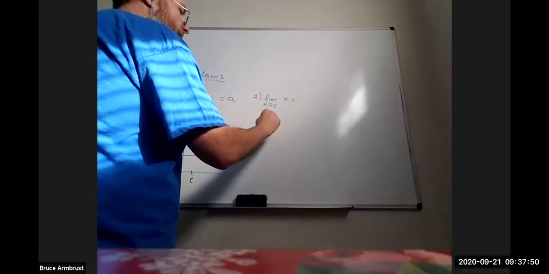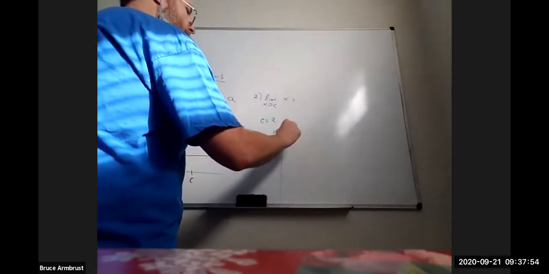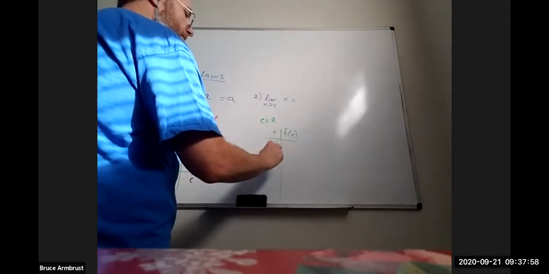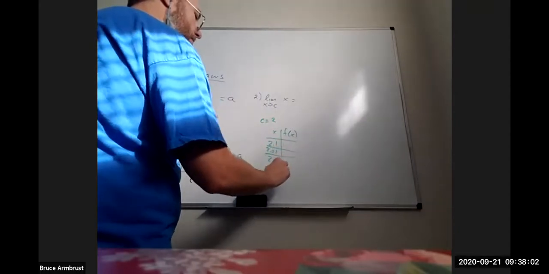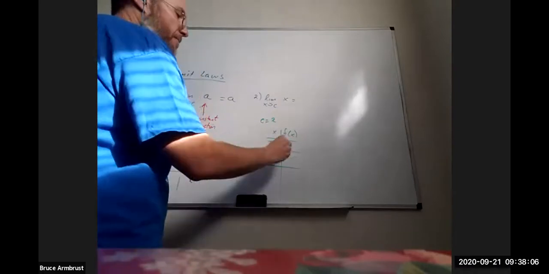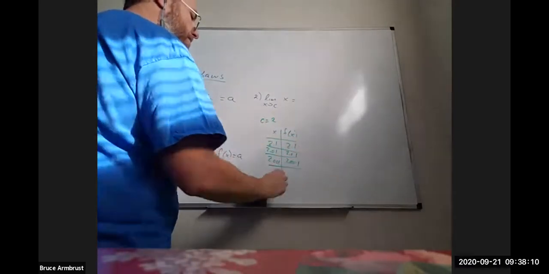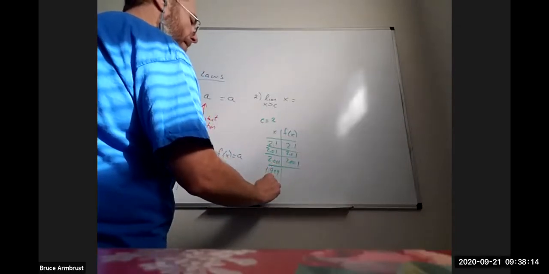So let's just say we're going to let c equal 2. So let's go with numbers that are getting closer and closer to 2. All right, well, f of x is just x. So that means whatever you plug in is what you get out. Let's come from the smaller side as well.